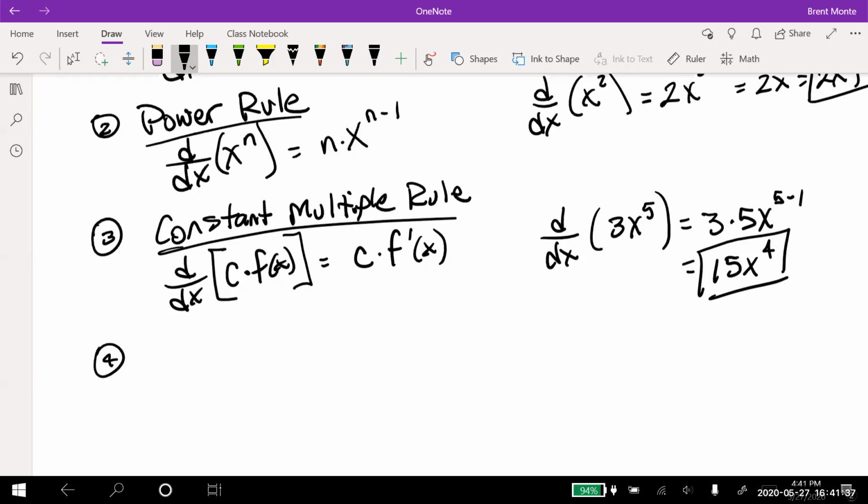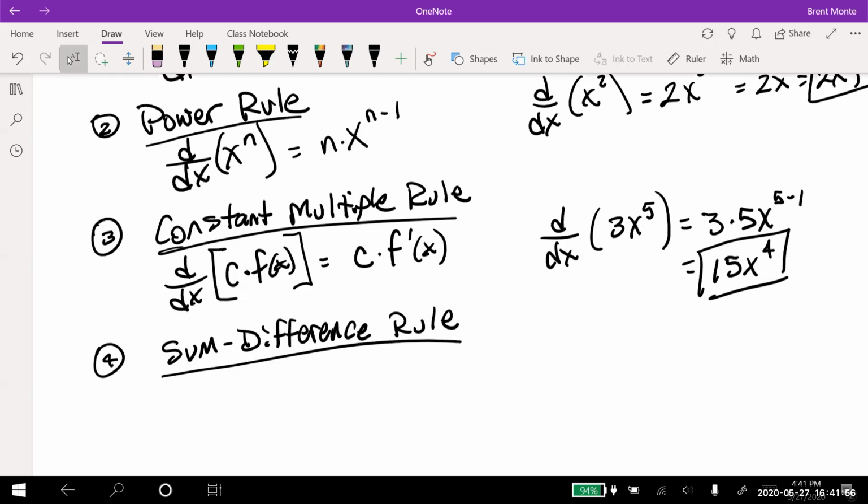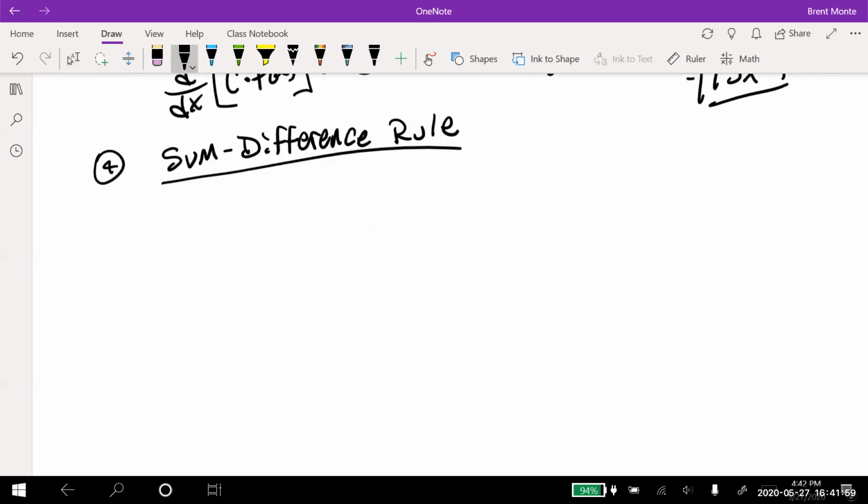So this next one is called the sum difference rule, which is what they were talking about in the title of the section. Now, all this says is that if you're adding two functions together or subtracting them, so it's the derivative of f of x plus or minus g of x, I just take the derivative of each one individually.